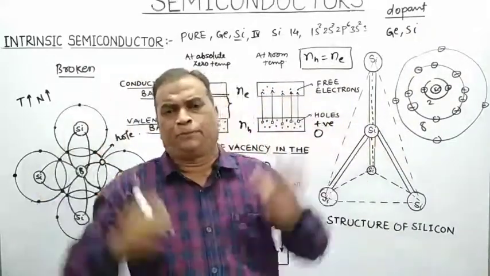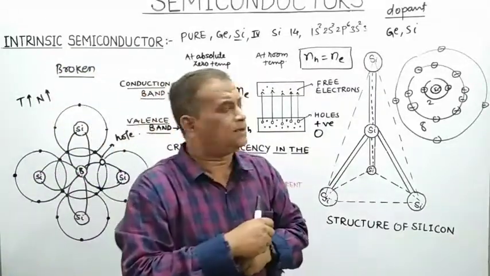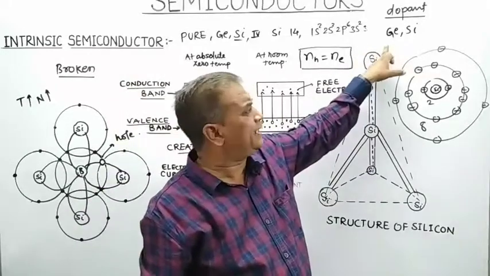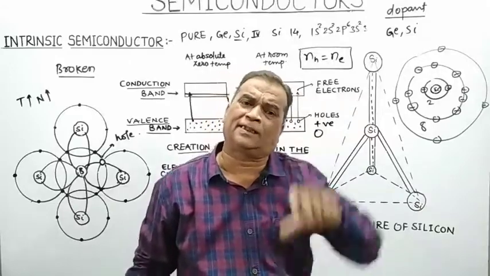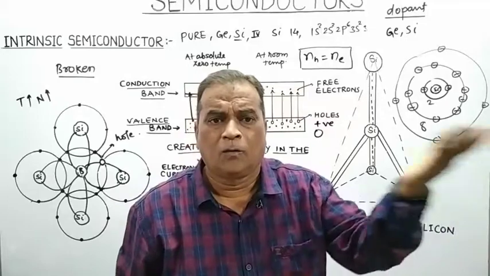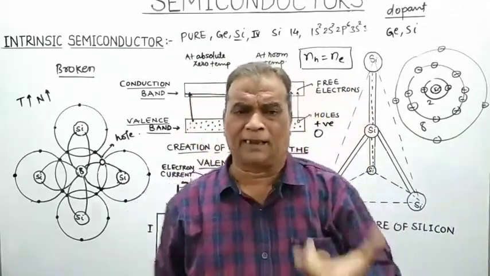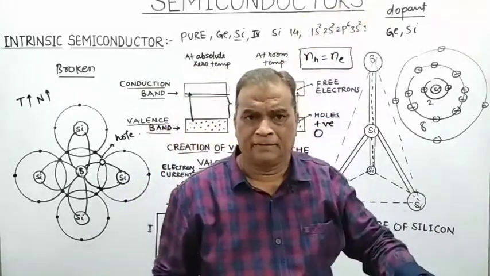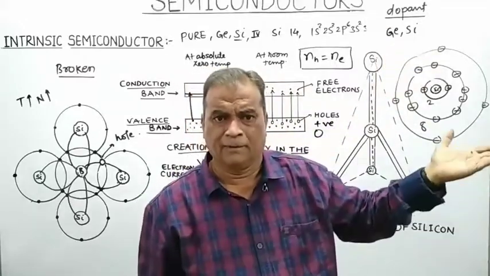Now remember that germanium or silicon are the pure, or intrinsic, semiconductors. Whenever impurity atoms are added to germanium or silicon, that intrinsic semiconductor gets converted into what? Extrinsic semiconductor. What do you mean by extrinsic semiconductor? A semiconductor in which few impurity atoms are added so that its electrical conductivity can be increased.